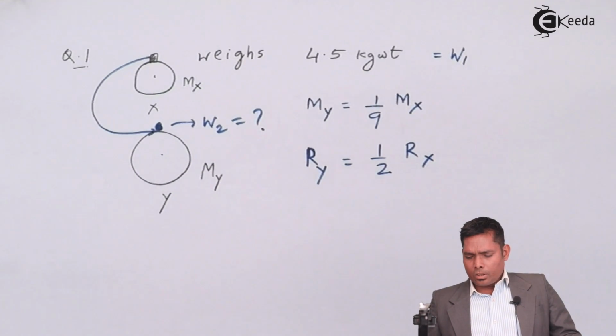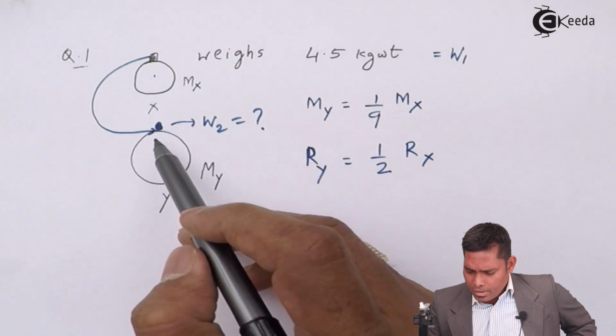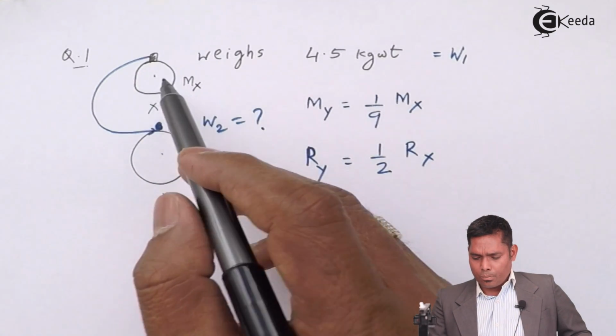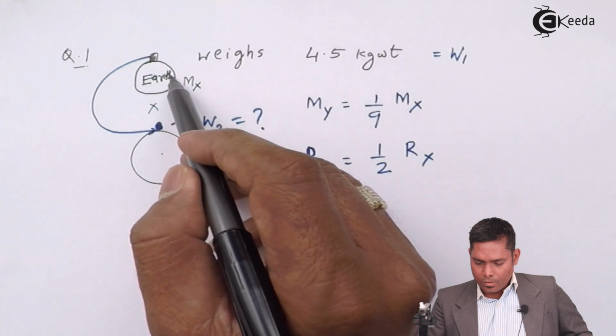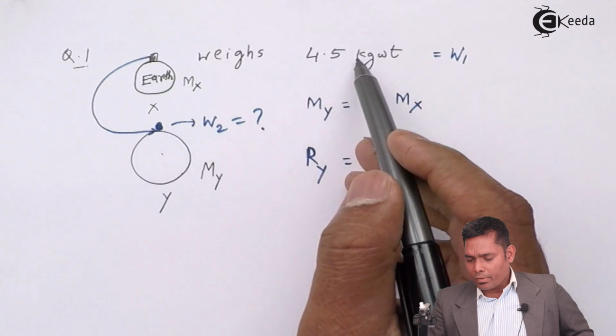So just let me explain the question once again, then solve. There are two planets. One of them happens to be Earth, and the object placed on the surface of the Earth weighs 4.5 kg weight.